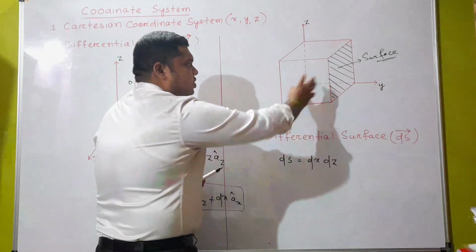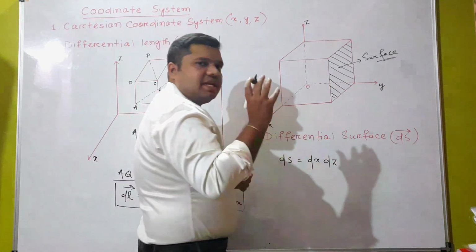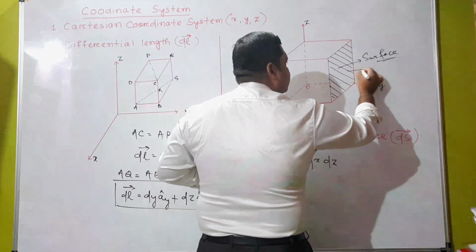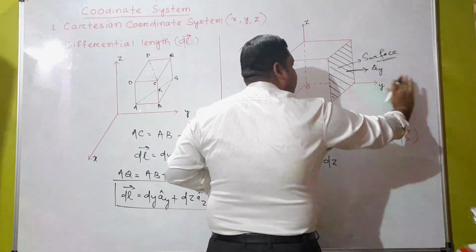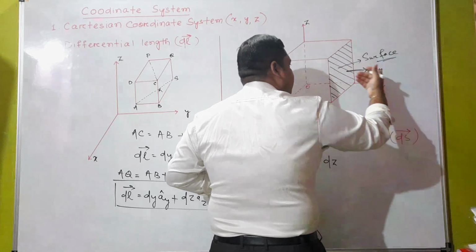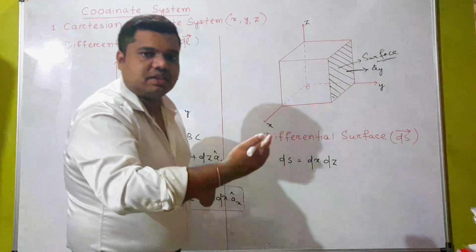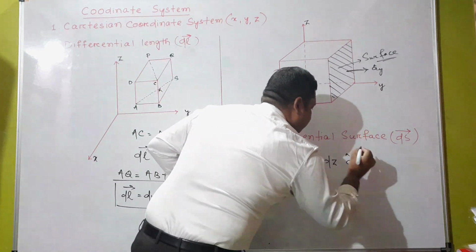Now the direction of that surface is normally away from the surface, so in this direction this is ay cap, because this is the y parameter. Away from the surface means which direction? Y direction, that is ay cap. So I will write this is ay cap.